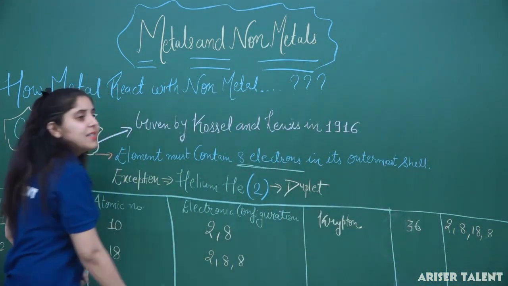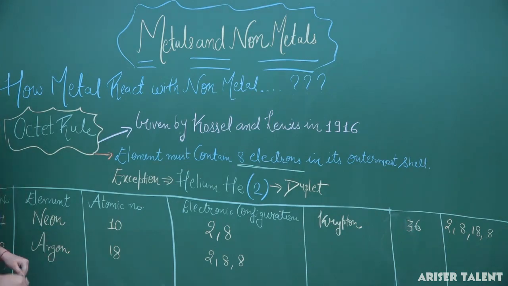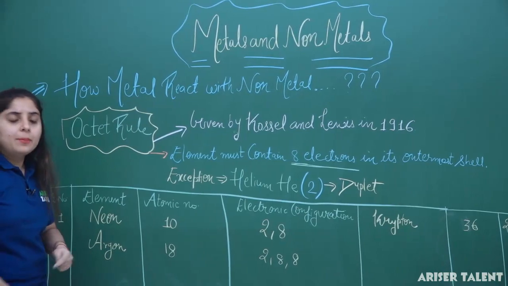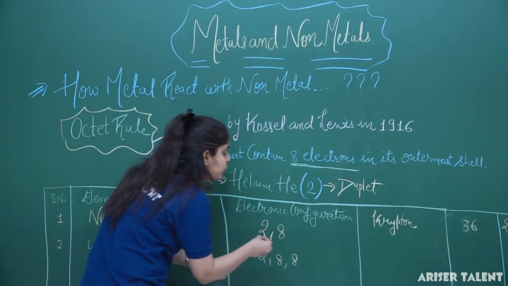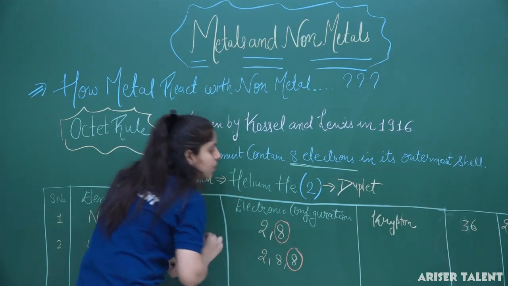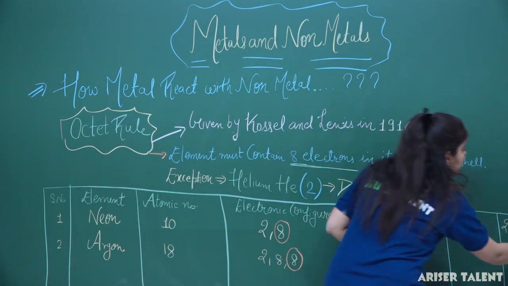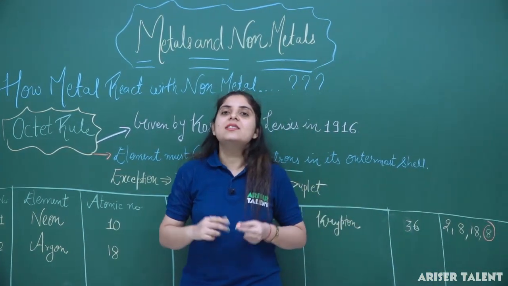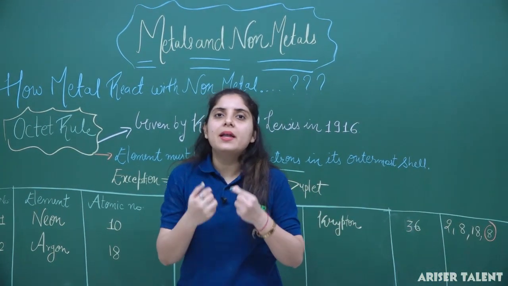So you can see here these are the three noble gases, neon, argon and krypton, and in neon, argon and krypton we can see the outermost shell contains 8 electrons. So we can say that the octet is complete and it leads to extra stability of the atom and it is chemically inactive.